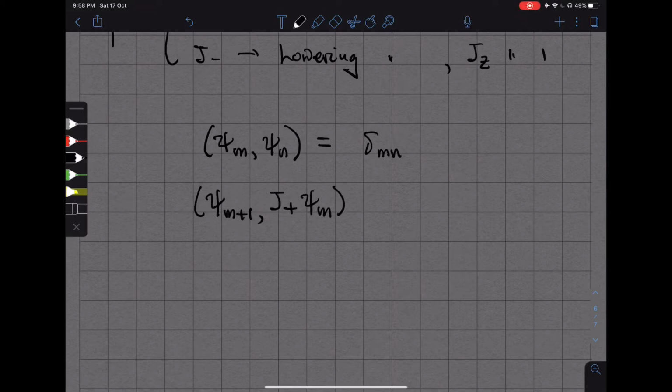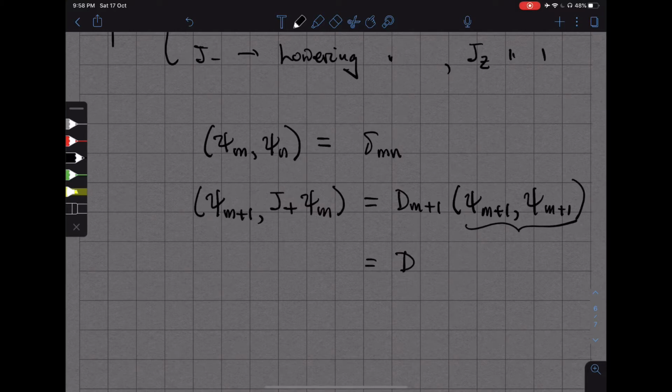Then we know that J plus acting on psi m is going to give me d of m plus 1, and then we are going to have inside the inner product psi m plus 1 with psi m plus 1. But by orthonormality, this thing is just 1. So we are going to have d m plus 1.